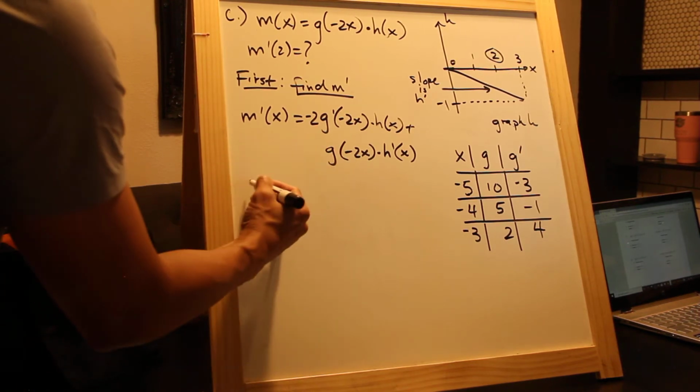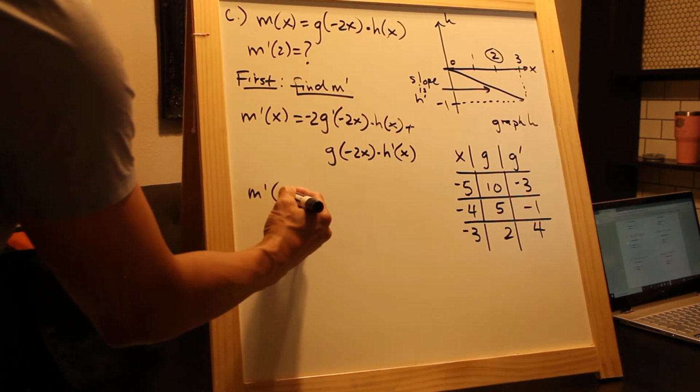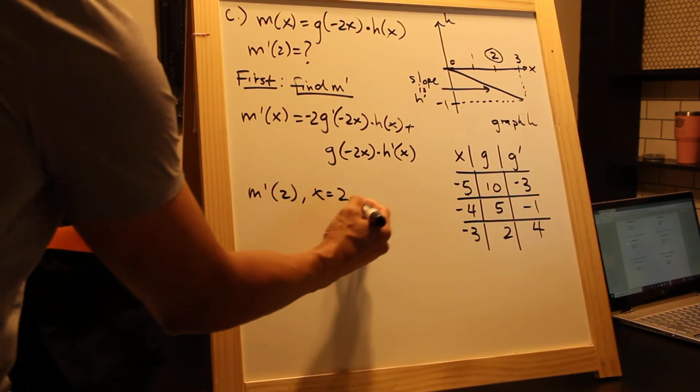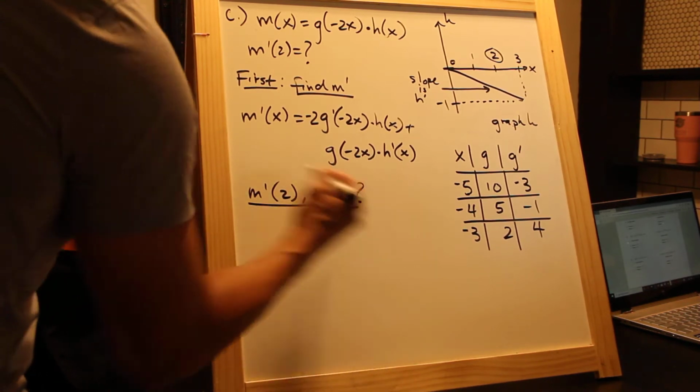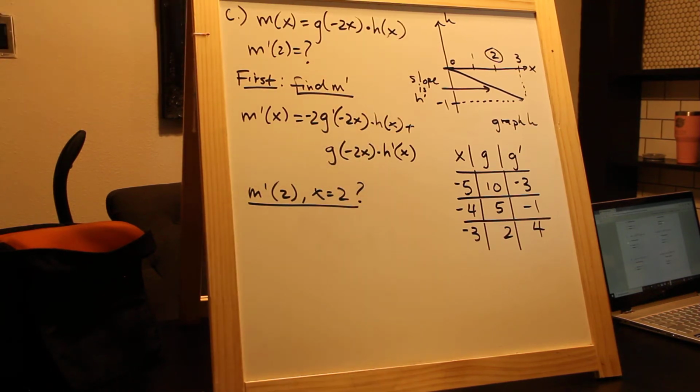Now that I have that, what is m prime of 2? Okay, which is when x equals 2. So that means wherever I see an x, I'm going to go ahead and plug in a 2.